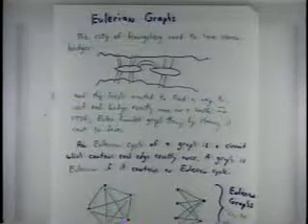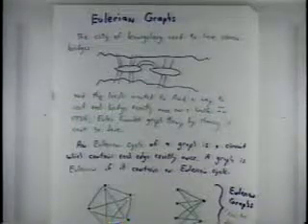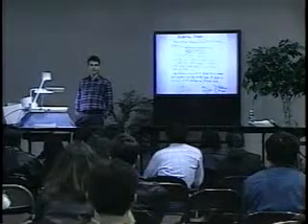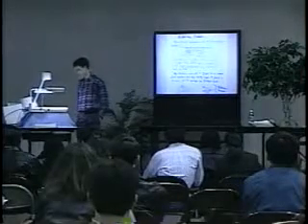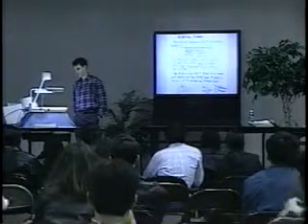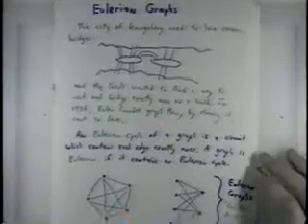And as a result of studying this problem, Euler founded graph theory as a way of showing that it can't be done. And so today we're going to travel along the same path that he took. So let me, starting from this picture here, let me see if I can define some terms.